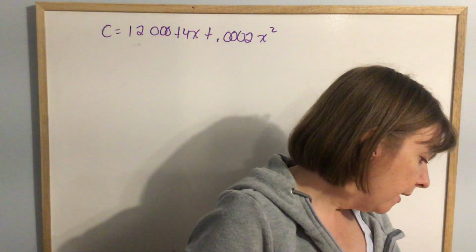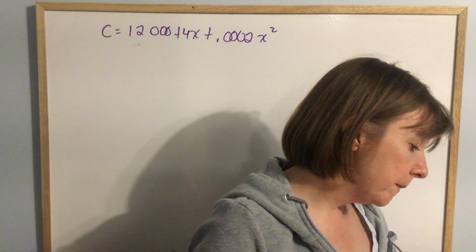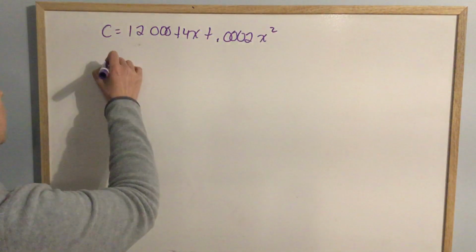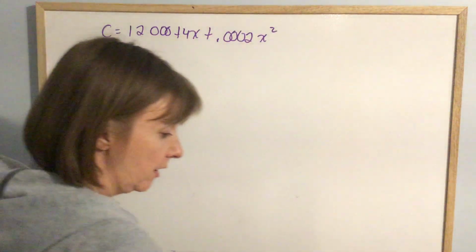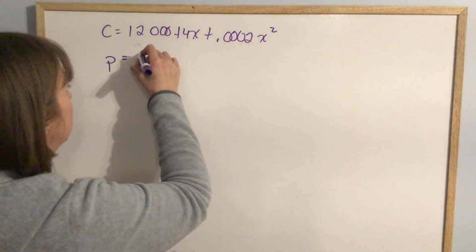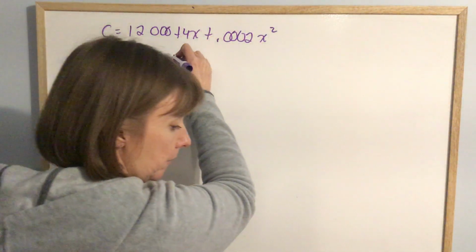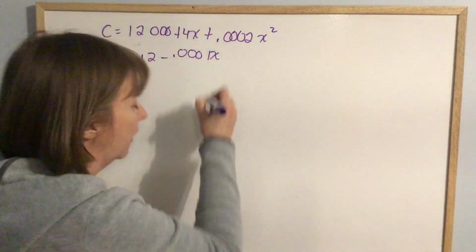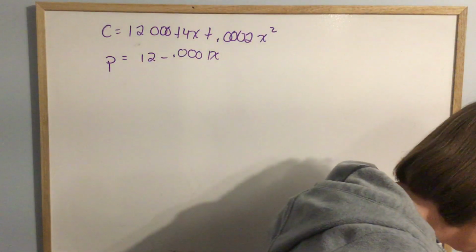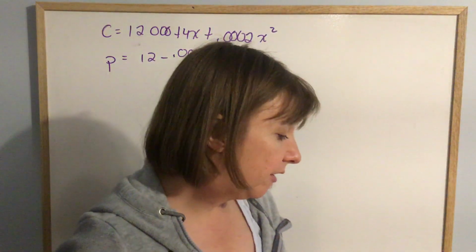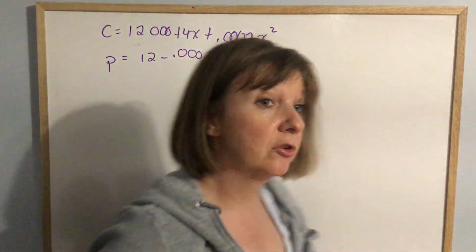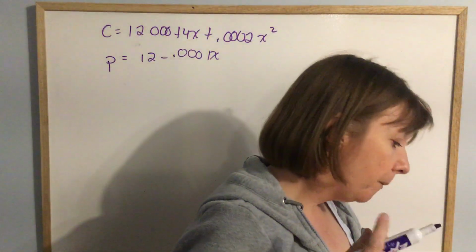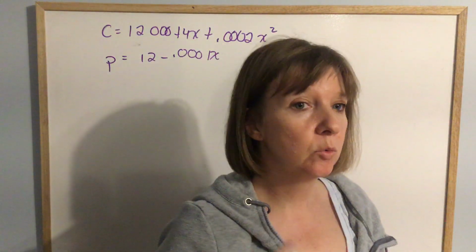Market research shows that the demand, or the price for the wine, is given by the price function p, which is 12 minus 0.0001x. Now it says determine the production level, so determine the x value, that will maximize my revenue.